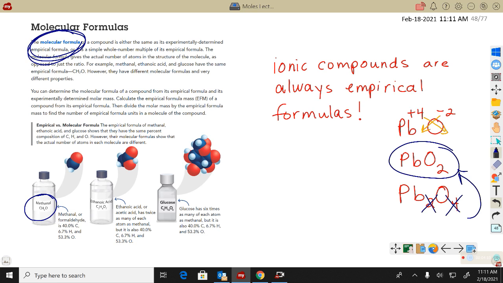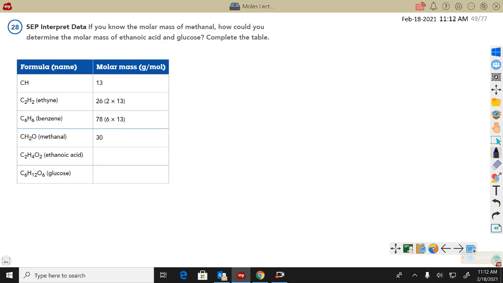The problem here is that if these compounds have the same empirical formula, they're going to have the same percent composition. So percent composition data will only directly lead me to an empirical formula. I'm going to need a little bit more information to get from an empirical formula to a molecular formula. For example, what if we had data kind of like this table?